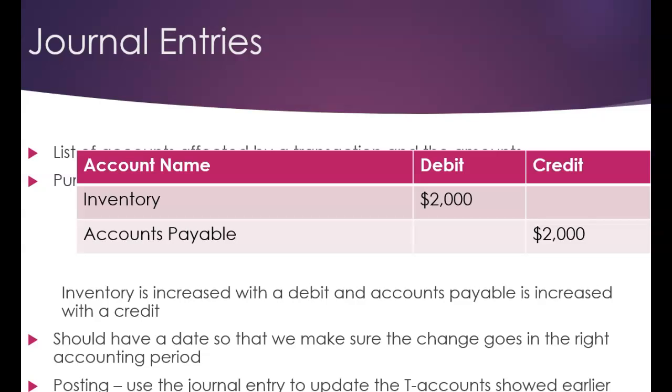So I have to show that I'm increasing my inventory, because that asset, to me, I can use that. Inventory could be a product that you ultimately will resell, or maybe an inventory item that you will convert to something, then ultimately sell. Regardless, it's an asset to you that you can use. But since I did not pay for it yet, I have an obligation to pay it at some point.